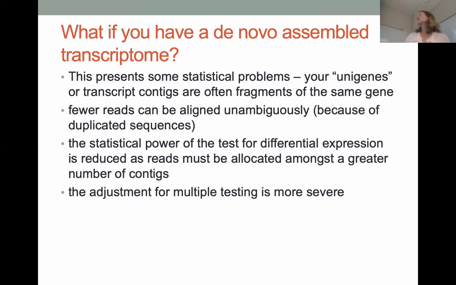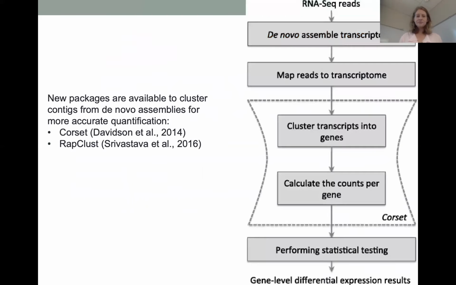And the adjustment for multiple testing is a lot more severe because a lot of times when we do a transcript assembly, we'll get 50, 60, 70,000 transcripts back, when in biological reality, there's only 20 or 30,000 transcripts. So we've got a lot of fragmentation, and a gene will be assembled into 2 different pieces instead of 1. All of this makes everything messier and makes your data less reliable.